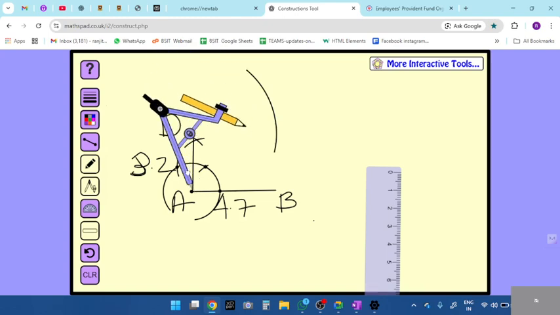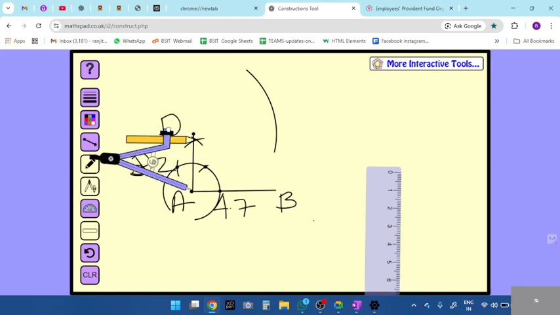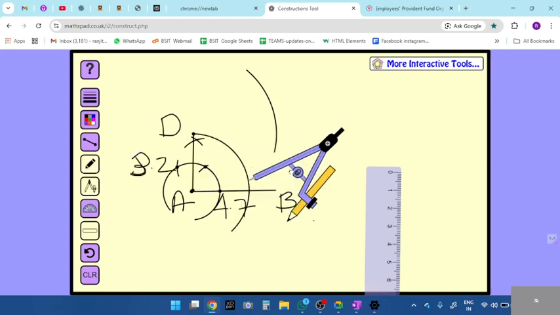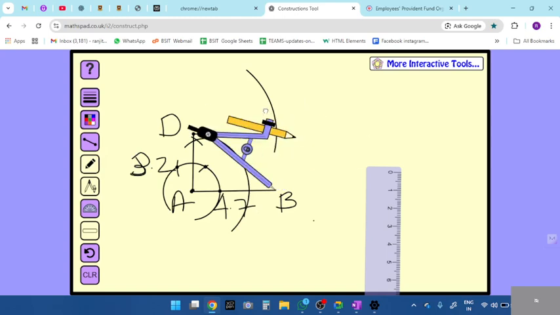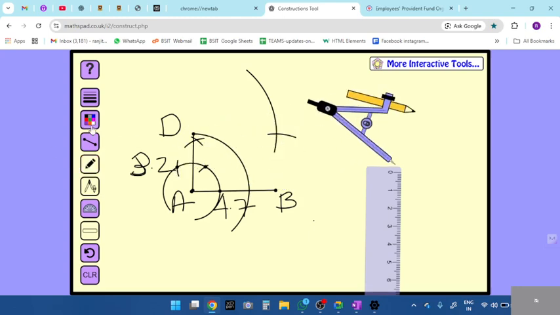What about DC? CD should be equal to which one? CD should be equal to 3.2. Yes. Take 3.2 from B. Keep the compass on B. Cut an arc. That's it. Join these two lines. Am I getting a rectangle now? Isn't it a rectangle?